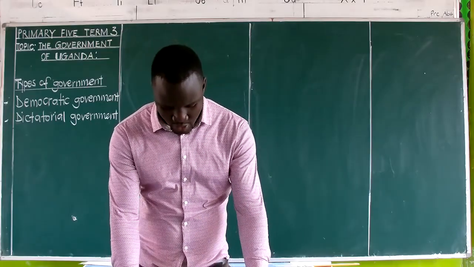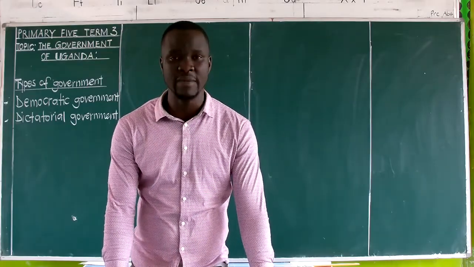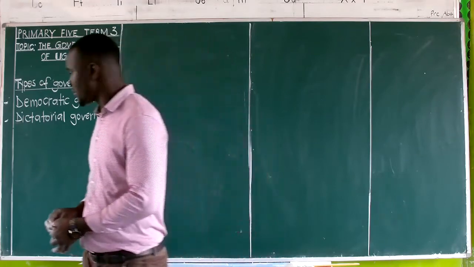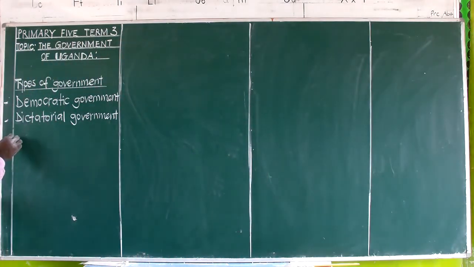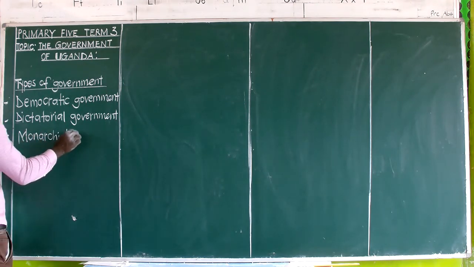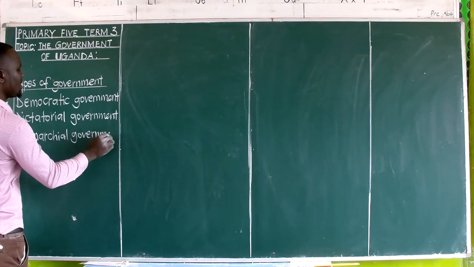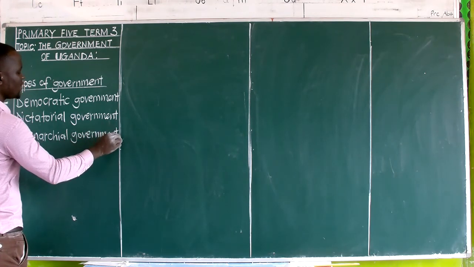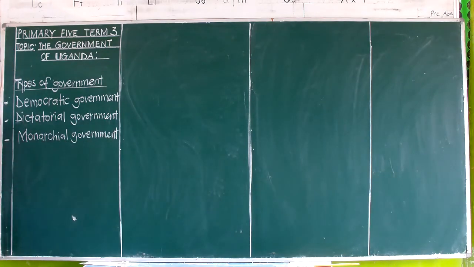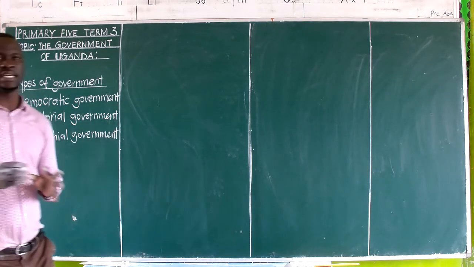Next, we have what we call the monarchical government. Monarchical government, from the word monarchy. Monarchies, we must have talked about this when we were looking at monarchies. Here we look at cultural institutions.